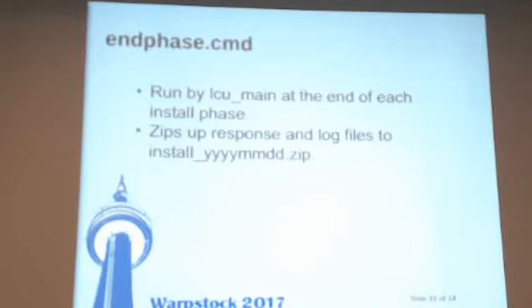Now, is that done by end phase? It's done by an exit handler. Normally it's done by end phase, but if the install aborts, then there's an exit handler in LCU_main, which runs in the case of an abnormal return code and will create the install_abend.zip.